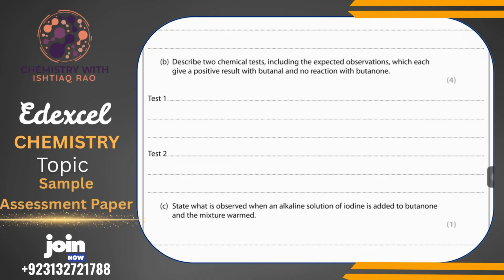Ketone cannot be oxidized. So test 2 I can write Fehling's solution, or Benedict solution. The color of Fehling's solution is blue because it's copper sulfate, and it's also an oxidizing agent. After oxidizing the aldehyde, it would turn brick red because copper plus one is formed, right? Cuprous oxide Cu2O is formed.